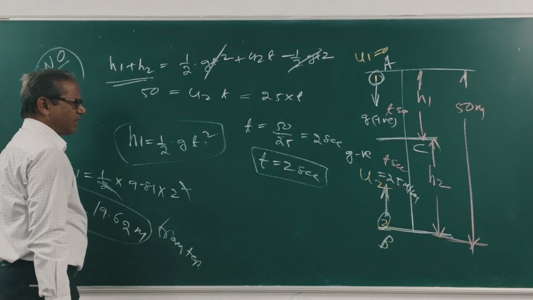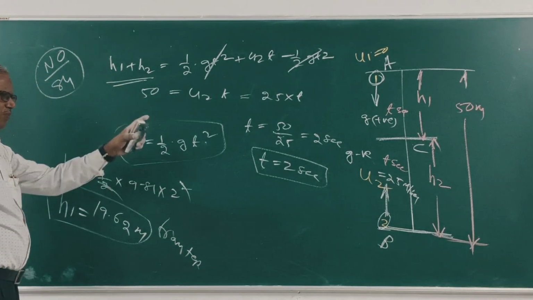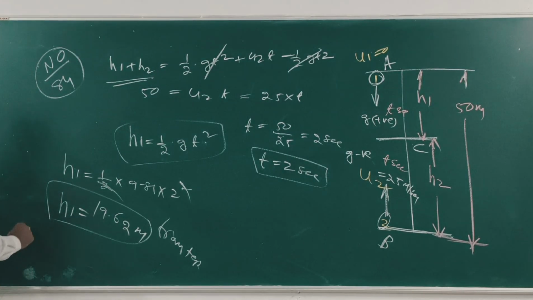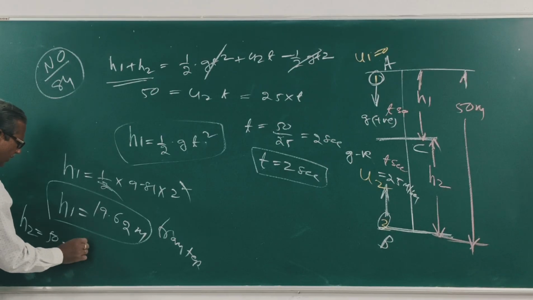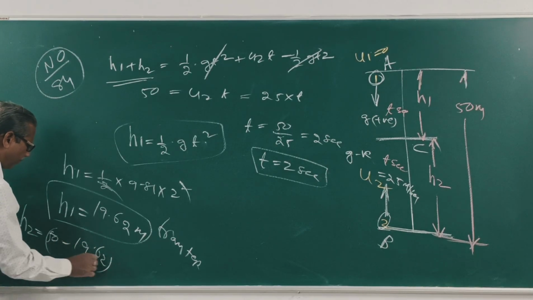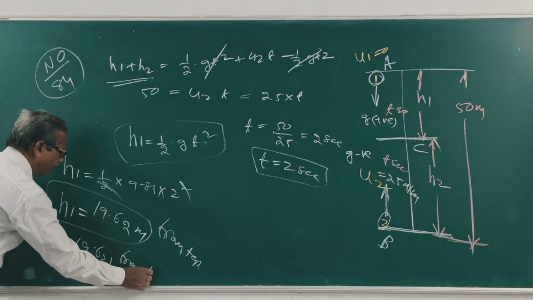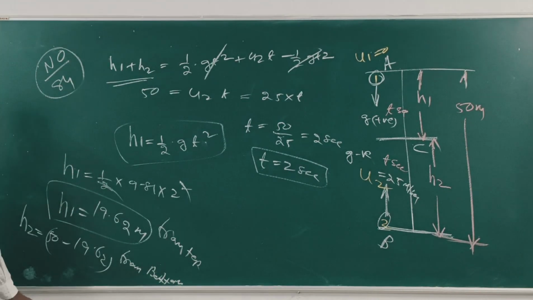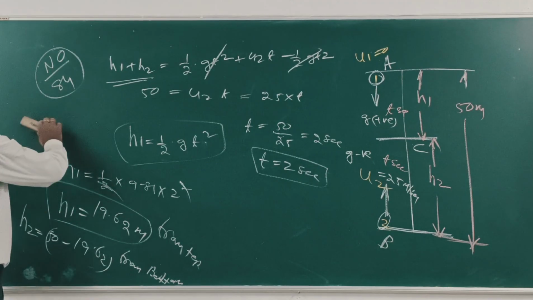So this is H1, 19.62 meter from top. What is H2 equal to? H2 is equal to 50 minus H1, 19.62. This is from bottom. Clear? This is H1, this is H2. Next question 85.